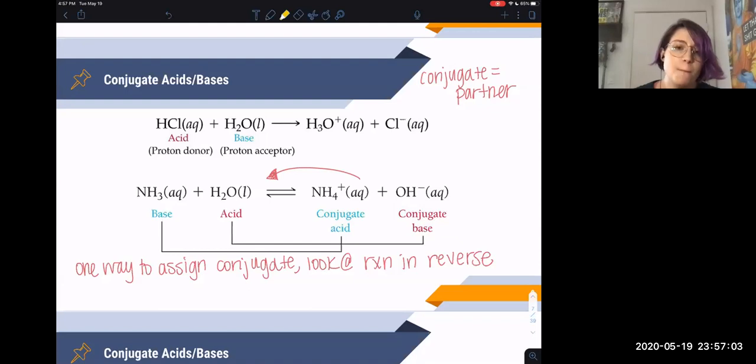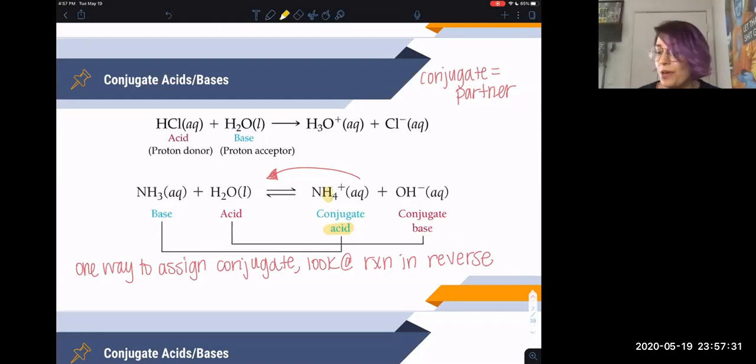One from the ammonium or one from the hydroxide? If we look at this reaction in reverse, the way I have the ammonium, here's the H being given. Do you see that? We call it the acid because it's the one giving the H. The other one must be the base because it's accepting the H. The hydroxide is gaining a hydrogen to become water. The ammonium is losing a hydrogen to become ammonia.